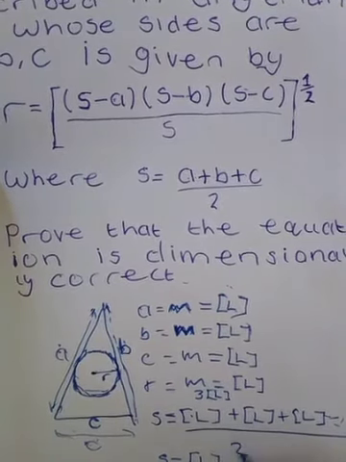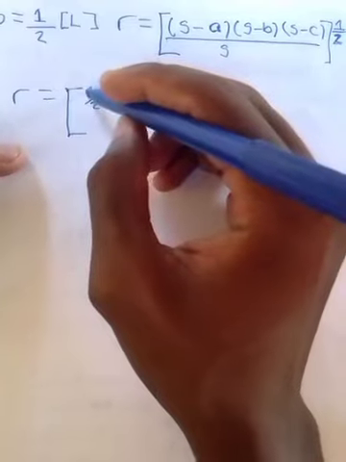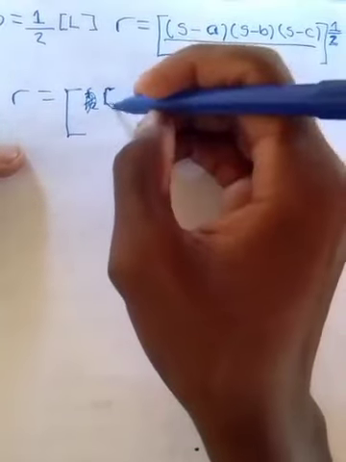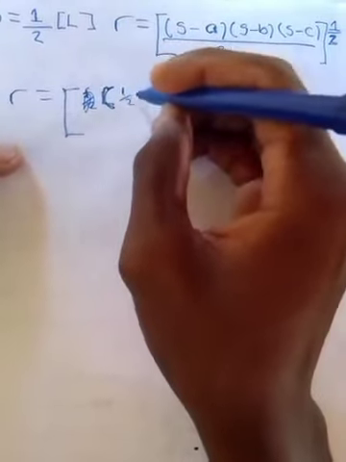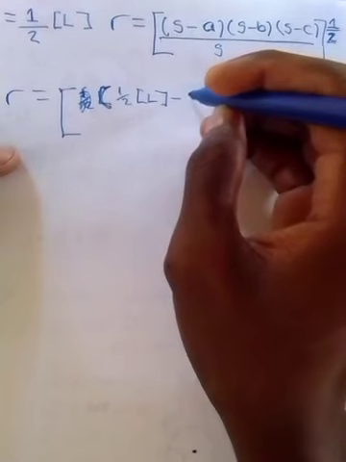So meaning that you're going to have R being equal to, where this S, you're going to say 1 over 2 L, minus, you know that the A, we found its dimension, it is length.